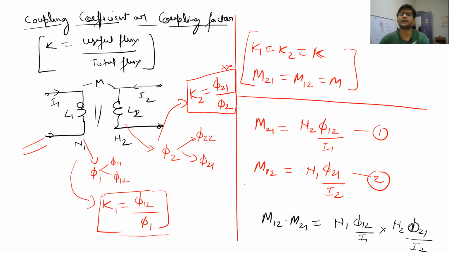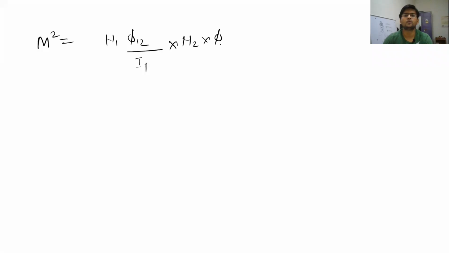Since you know that M12 and M21 are the same, and they both can be represented as M, this will become M square is equal to N1 phi 12 divided by I1 multiplied by N2 phi 21 divided by I2.